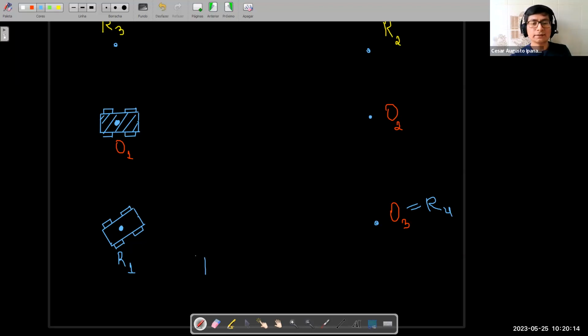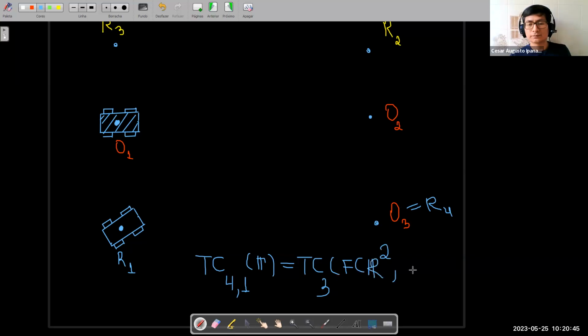Okay, in that situation, we can see that the complexity of this problem is the topological complexity 4 and is 1, of that projection, and this coincides with the topological complexity TC3 of this configuration space F2, 2, which is Winkel 3.